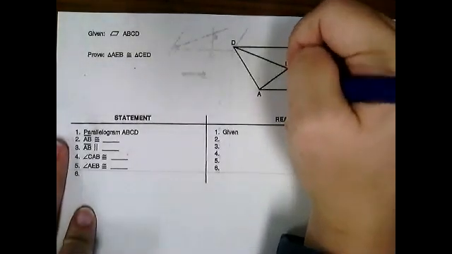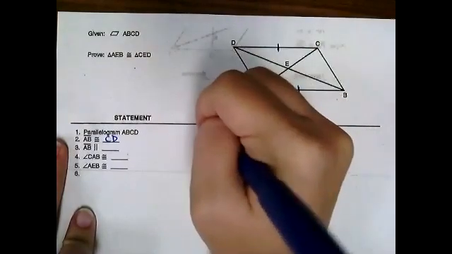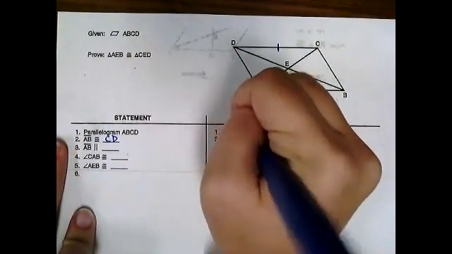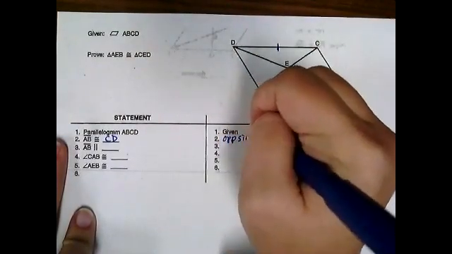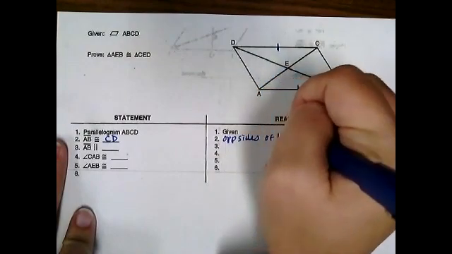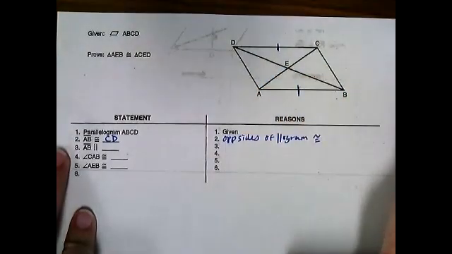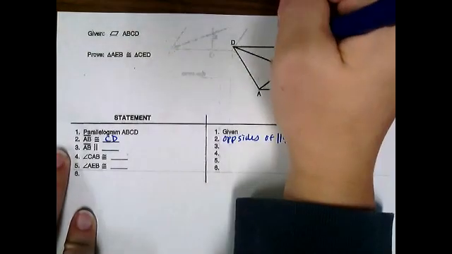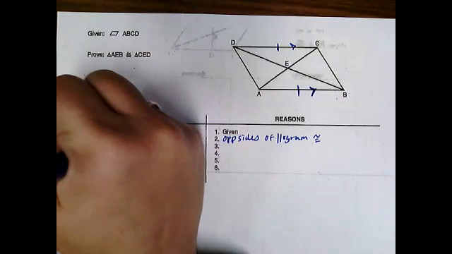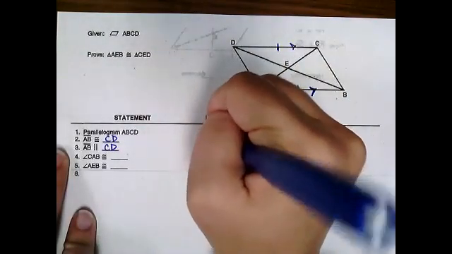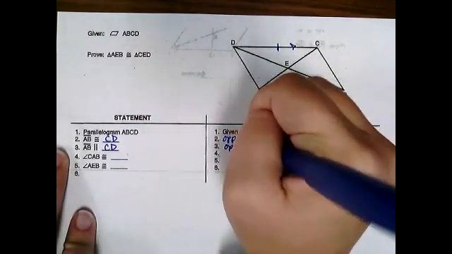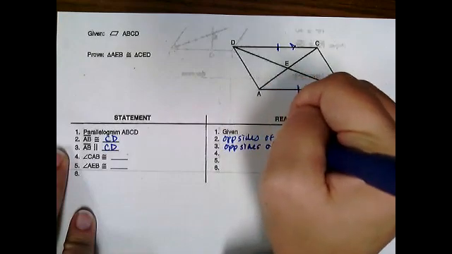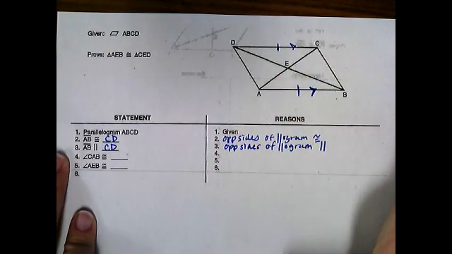So it's a parallelogram, that makes AB congruent to CD because opposite sides of a parallelogram are congruent. AB is parallel to CD. Opposite sides of a parallelogram are parallel.